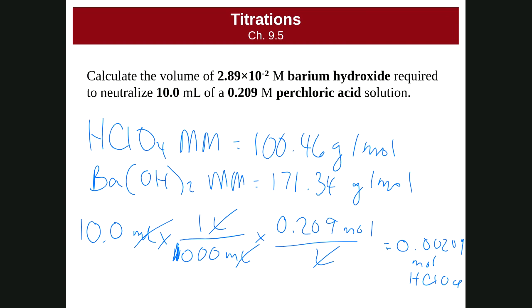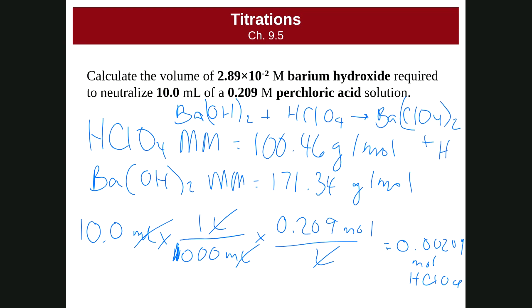And what did I forget to do, guys? I forgot to write my balanced equation. So barium hydroxide and perchloric acid are going to react to form barium perchlorate, which is this guy, and water. And I'm just going to tell you what the balanced reaction is.